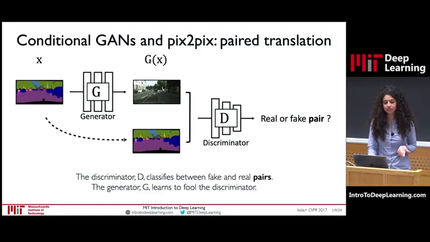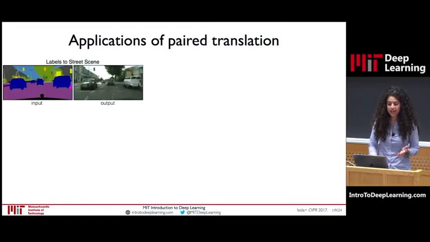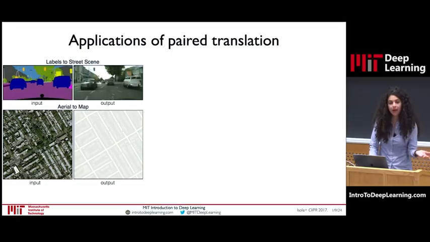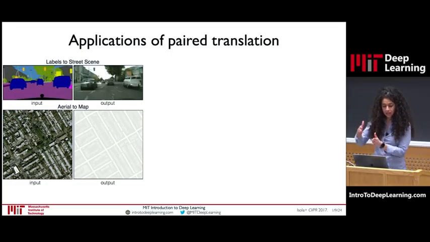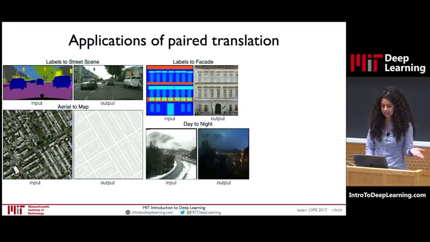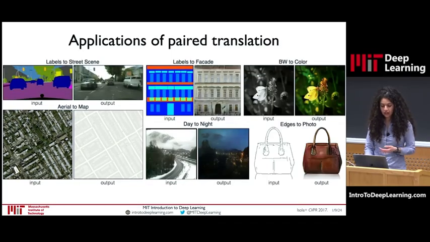And in practice, what this allows us to do is now do these conversions of paired translation, where the generator can take in an input of, let's say, a segmentation scene and generate the output of the real world view scene, or a street view map and generate kind of a grid view, and different instances of how, day to night, black and white to color, so on and so forth, of this paired translation type of generation.